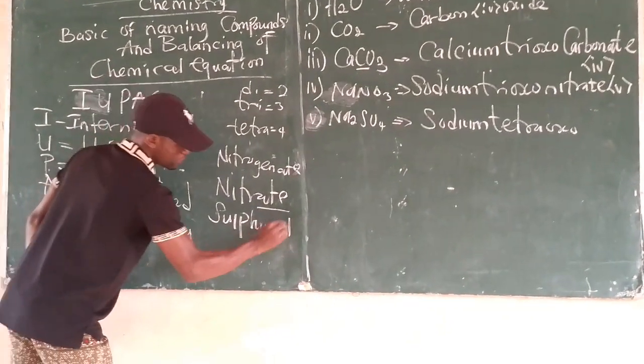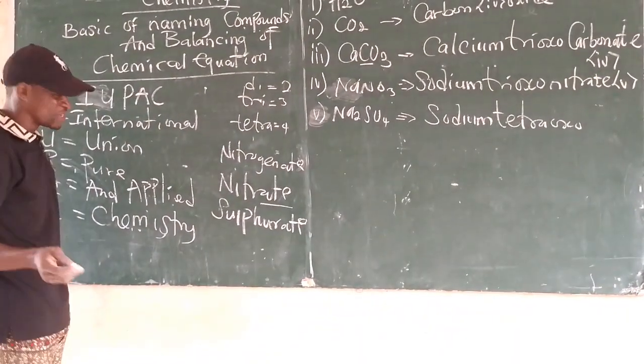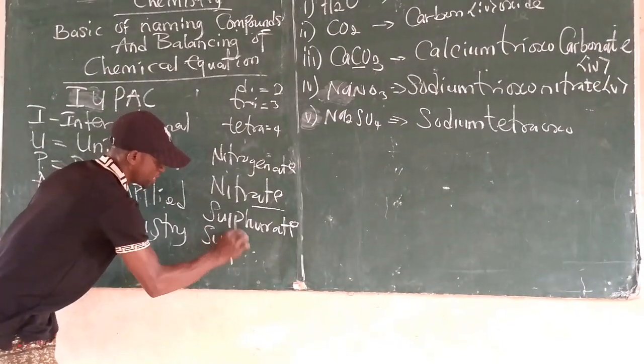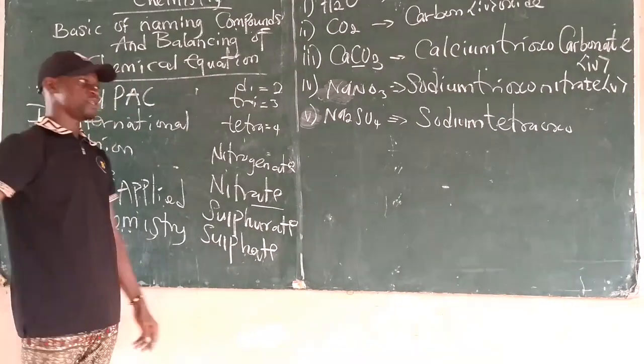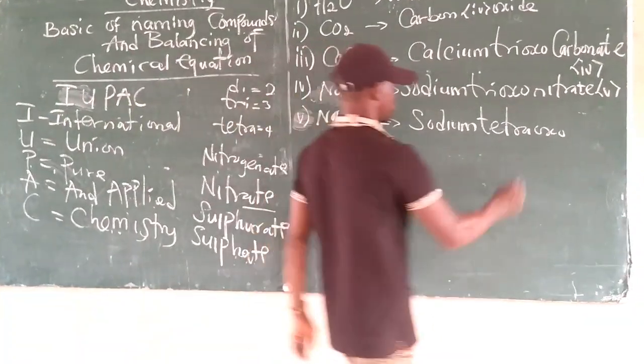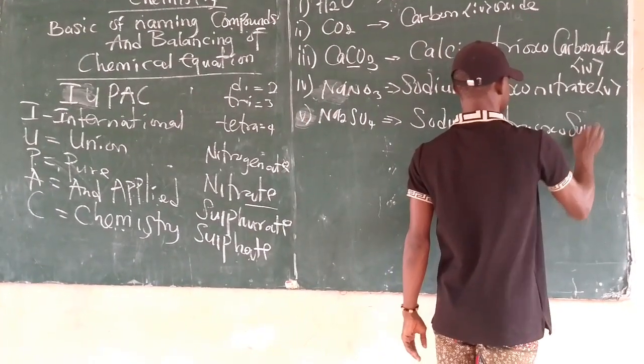This should have been sulfurate, right? But no, sulfur in combined form is simply known as sulfate. So here it becomes sodium tetraoxosulfate.